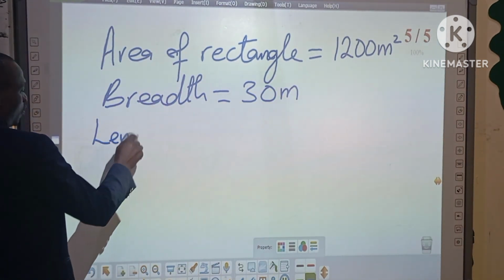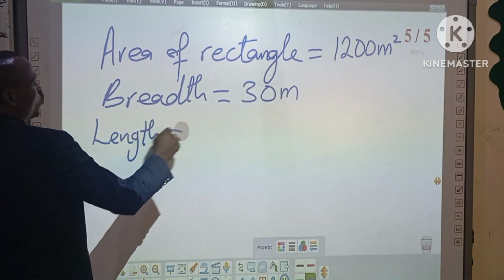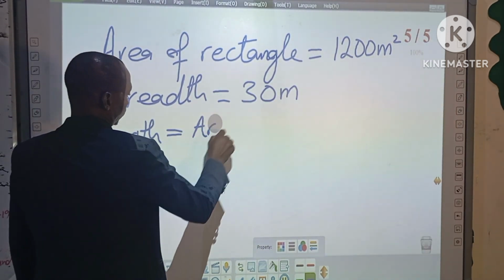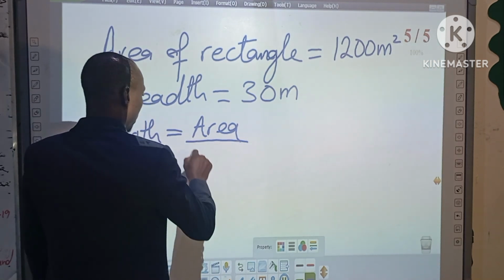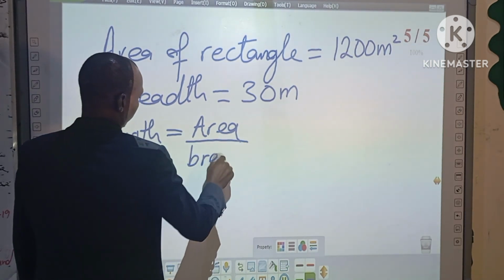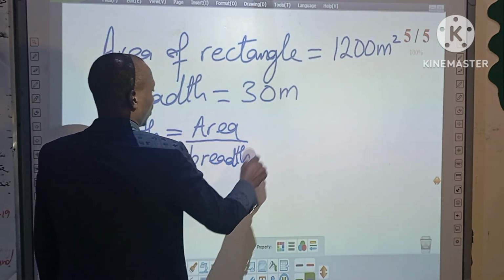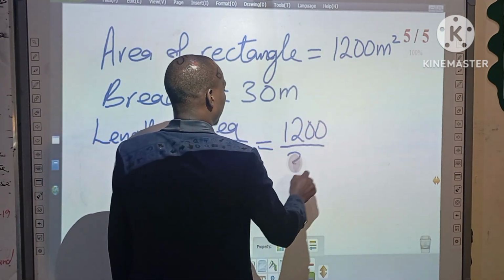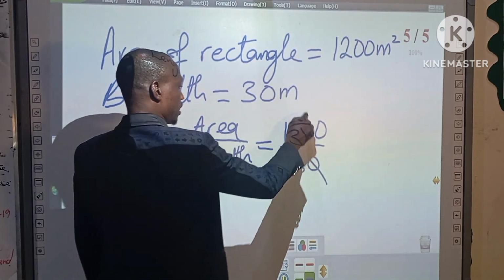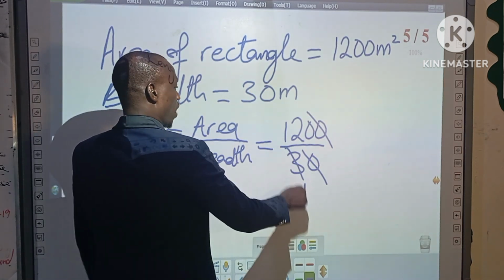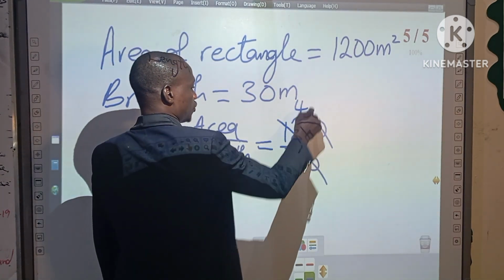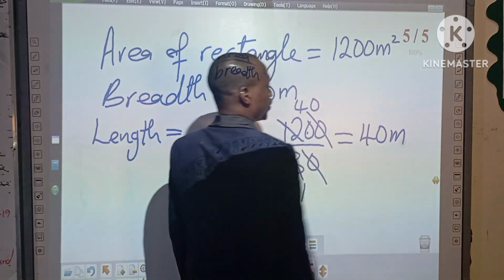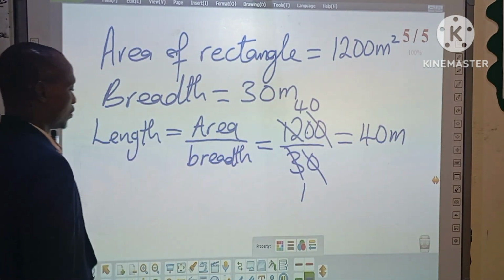Length of this rectangle will simply be area divided by the breadth, which is equal to 1,200 all over 30. Now let's go ahead. This can take away this. 3 into 12 is 4. Add a 0. So the length of this rectangle is 40 meters.